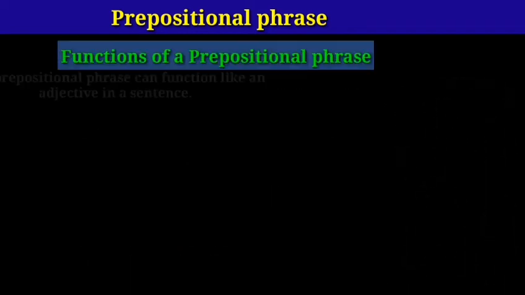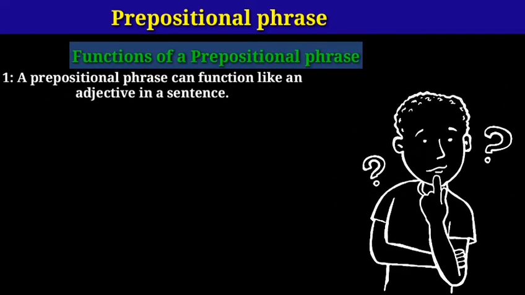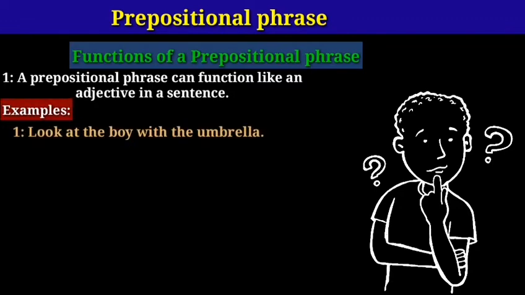A prepositional phrase can function like an adjective in a sentence. It means that a prepositional phrase can also function just like an adjective, which modifies a noun or pronoun. For example, look at the boy with the umbrella. In this sentence, with the umbrella is a prepositional phrase because it is a group of words, it starts with the preposition and this preposition has its own object, the umbrella.